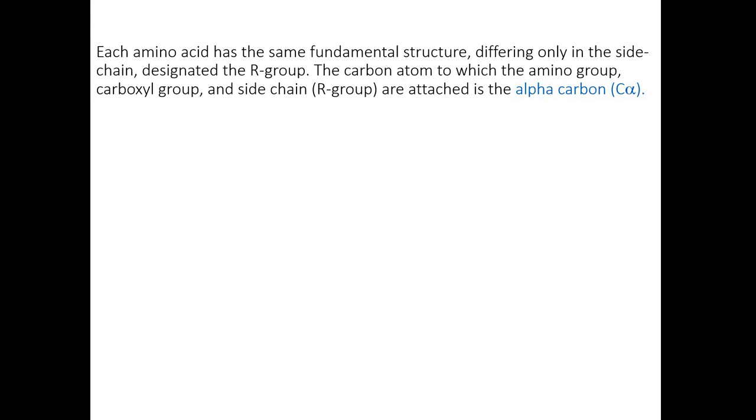So in the linear structure, amino acids are connected with each other by the peptide bond, and the R groups make different interactions with the side chains of other amino acids. These R groups are attached to the alpha carbon atom.